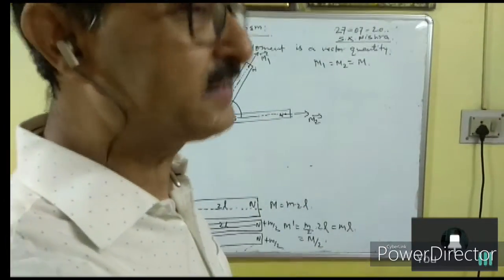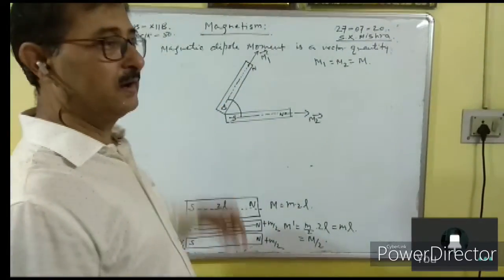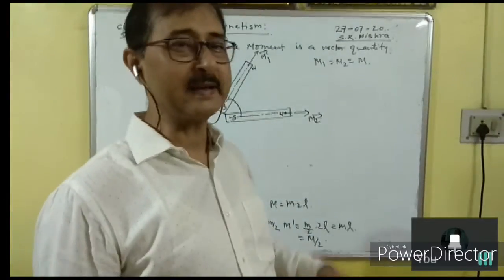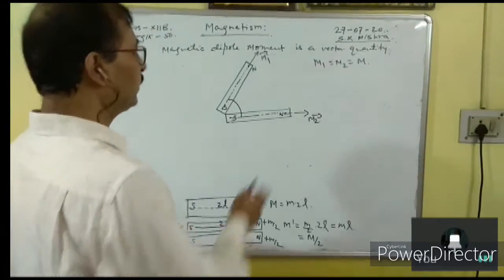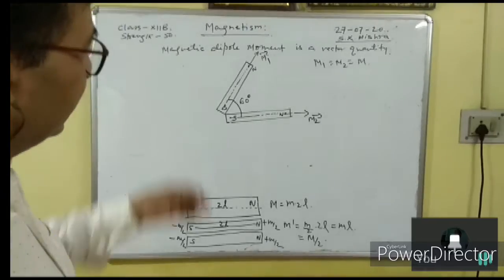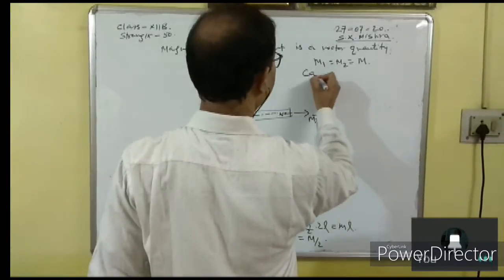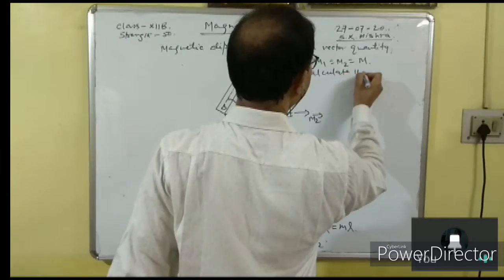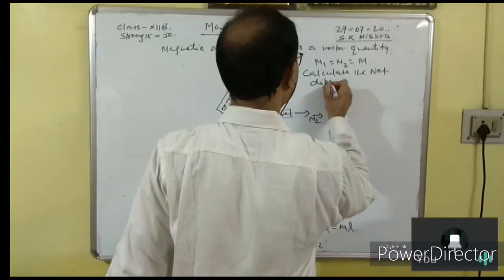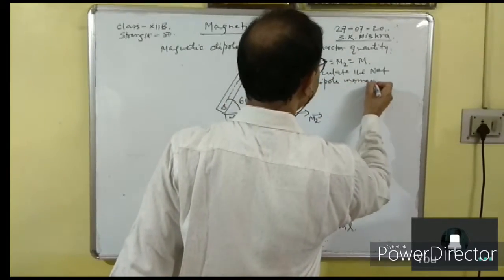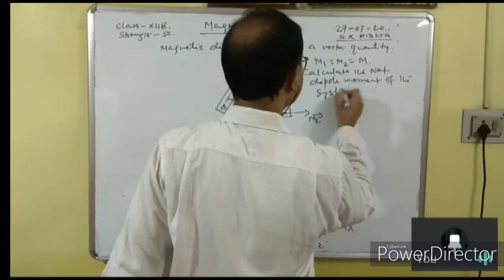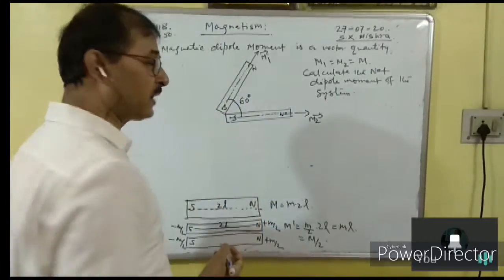But you can't put it like this, so you have to bind these two ends with the help of a thread. Then only it will remain in this position. Now the magnetic dipole moment of the first one is M1 vector, and the second one is M2 vector, actually differing in direction, but in magnitude they are the same, with the condition that M1 is equal to M2, let it be M.